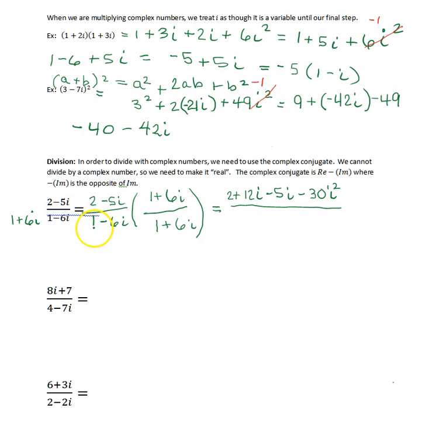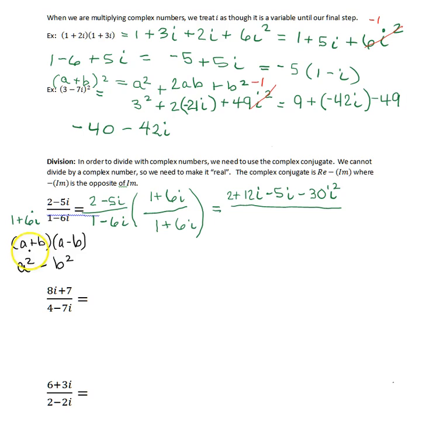And here I'm going to show you another cheat. I'll do this in black so it's a little more obvious that it's a cheat. So when I have something that's an a plus b times an a minus b, what happens is I get an a squared minus b squared.